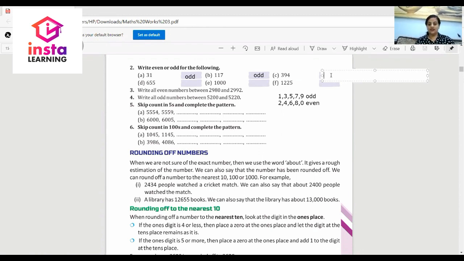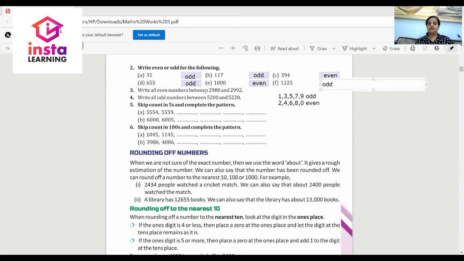So just write even. E-V-E-N, even. And after that, 655 means it is an odd number because at one's place there is 5. 1,000 is an even number. Why? Because it is 0 at ones place. 1225 is an odd number because at ones place it is 5.